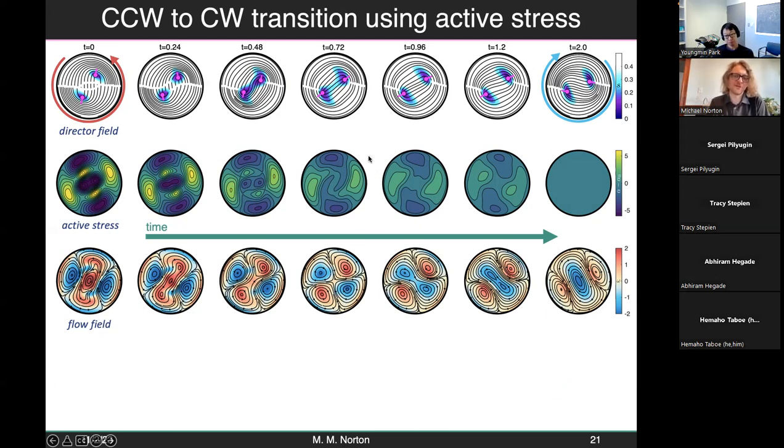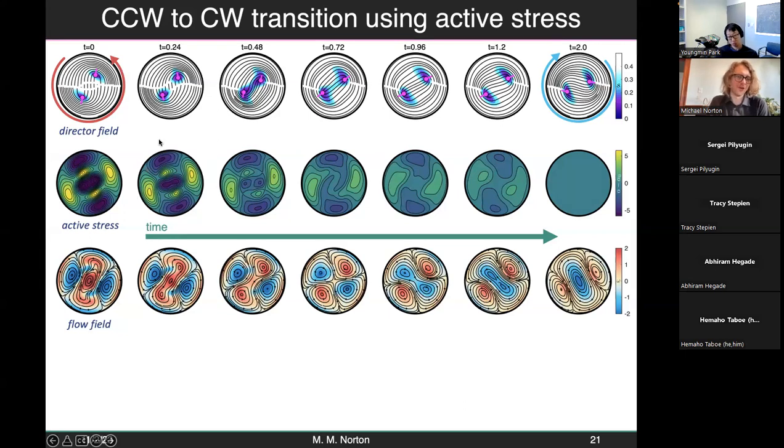But the active stress field that's being applied has a handedness to it, and that is, I think, telling us what we need to know about how this control is working. It's pushing us towards this point of symmetry, and then just pushing us over the edge to fall into the basin of attraction for the other attractor.